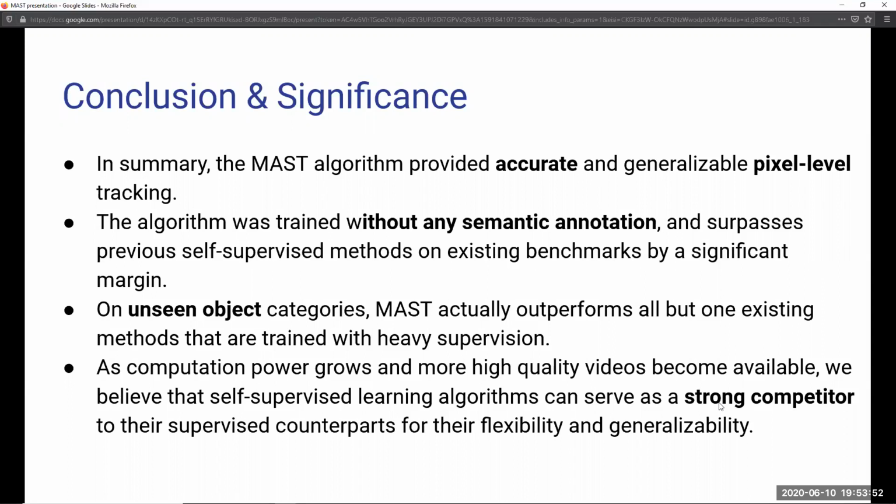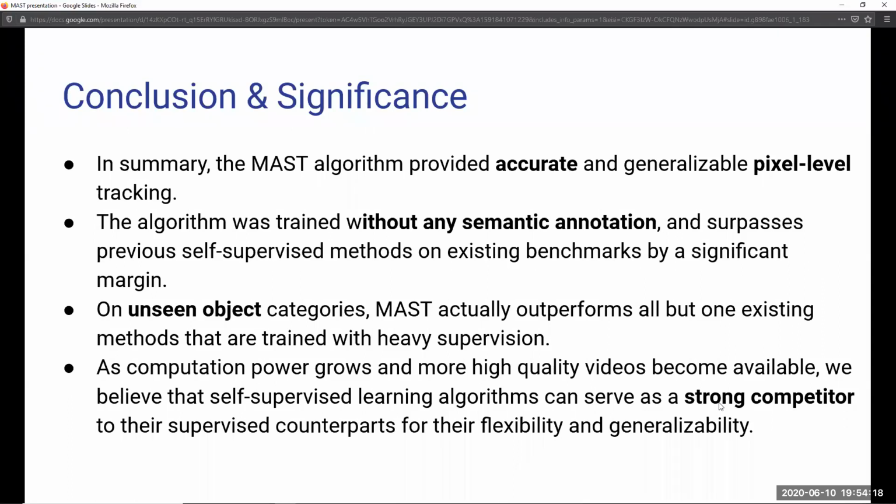In LAB color space, L is for brightness. That's the main thing, that the brightness is separated from A and B. And A and B are essentially combinations of colors.